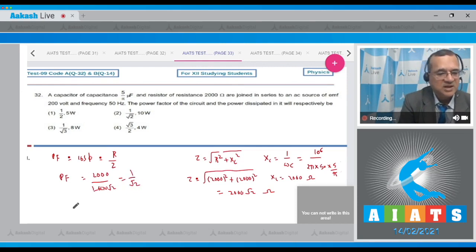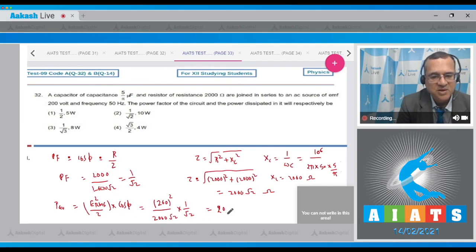To find the power consumption, the average power is equal to ERMS² divided by Z, into cos φ, that you can use directly. And ERMS is given as 200. So 200² divided by Z, which is 2000√2, and cos φ is 1/√2.